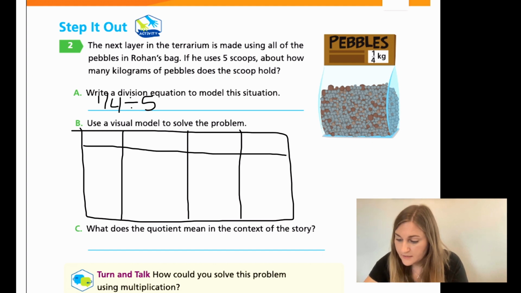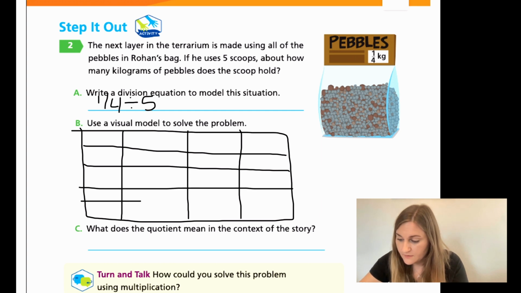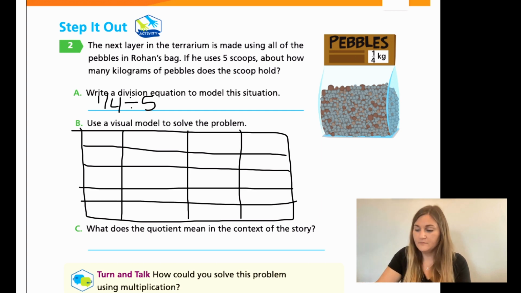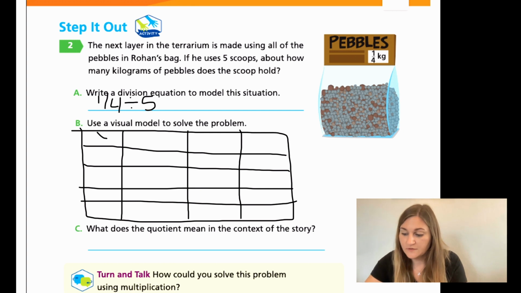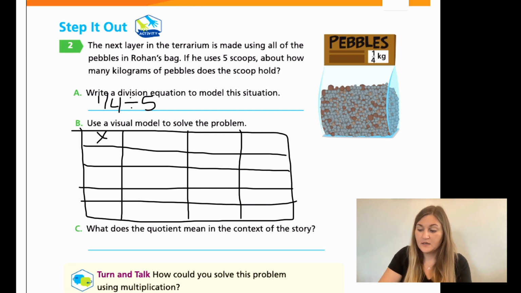So if I have 1, 2, 3, and then 4, 5. And again, we're just looking for that 1 section. So what does your quotient, my answer of 1 out of how many? Well, if I had 4 by 5, 4 times 5 is 20. So I have 1 of the 20.